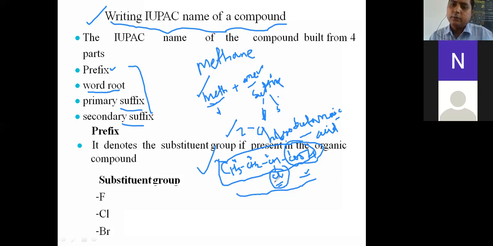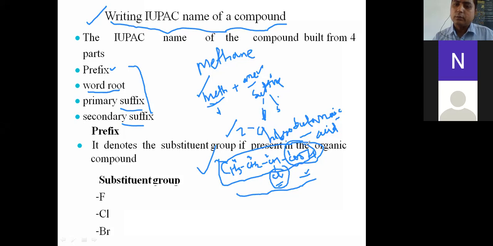That's why we start the numbering from the carbon of the carboxylic acid, because it has the higher priority. So numbering starts from the carboxylic acid carbon, 1, 2, 3, and 4, and the second number goes to the chloro group.